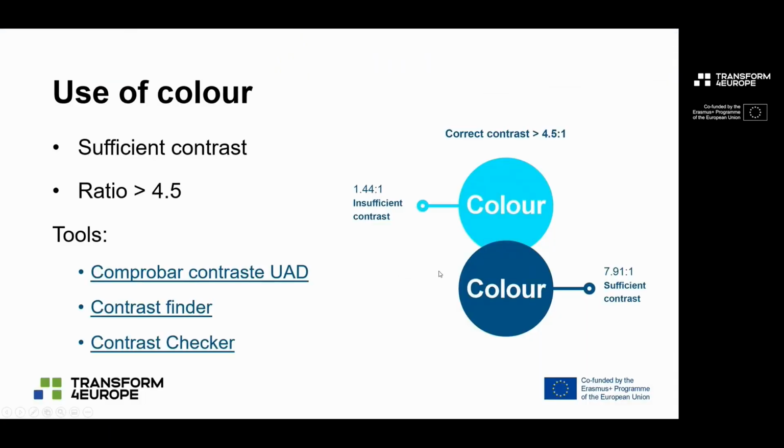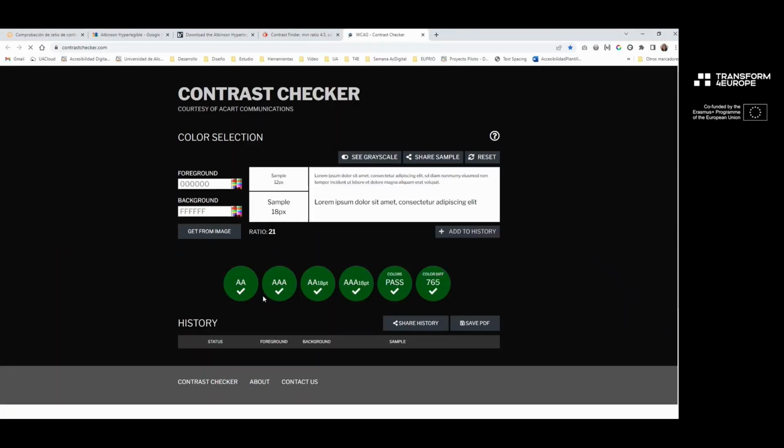The last tool I want to show you is Contrast Checker. This tool is used to test color contrast compliance with the Web Content Accessibility Guidelines. The calculations are based on the formulas specified by the World Wide Web Consortium.